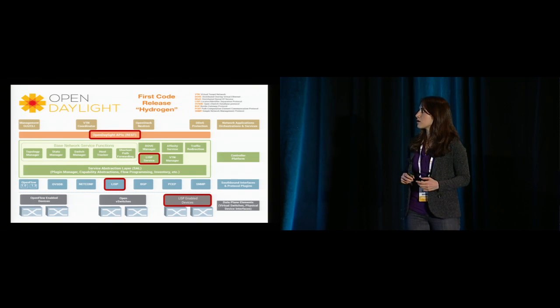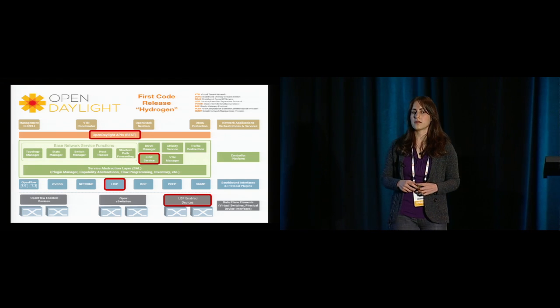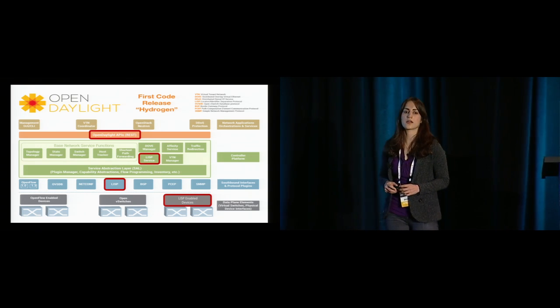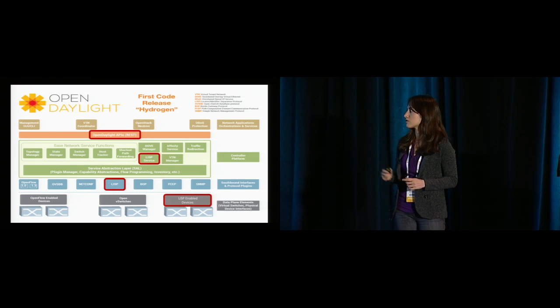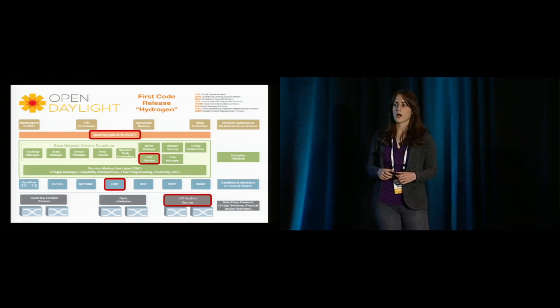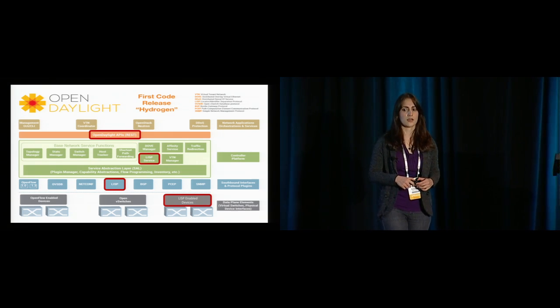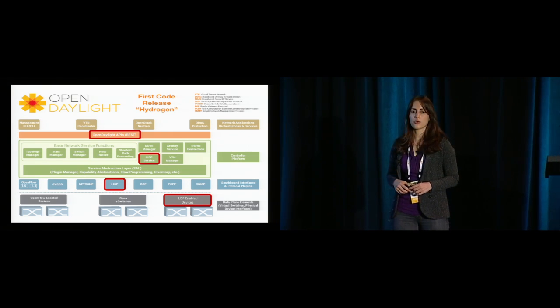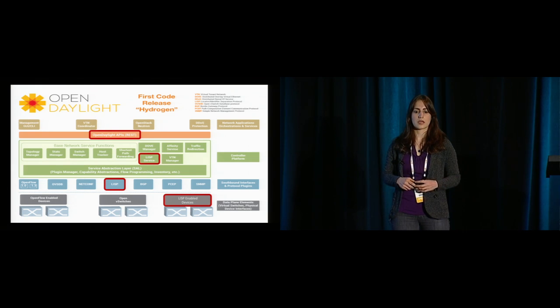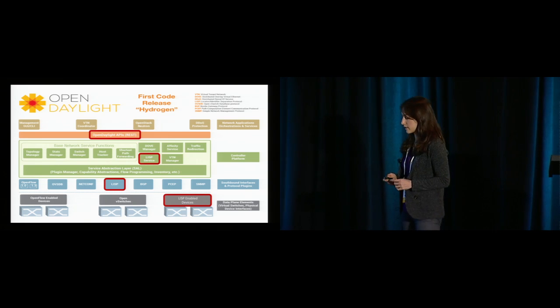There are REST APIs on the northbound that provide programmability to the mappings in the LISP service. And then there's a LISP plugin on the southbound that LISP-enabled devices on the data plane can use to look up mappings and register mappings in the LISP service in OpenDaylight.